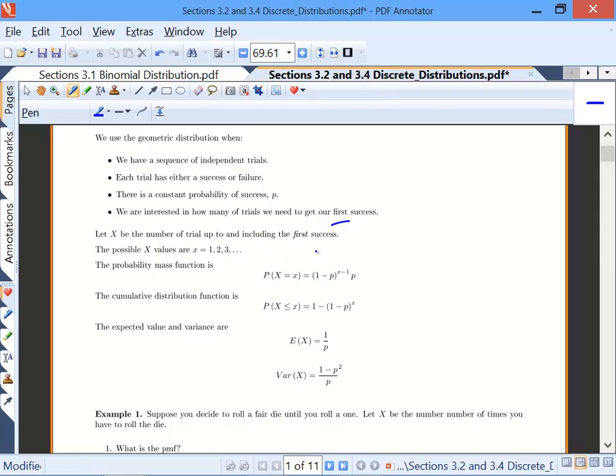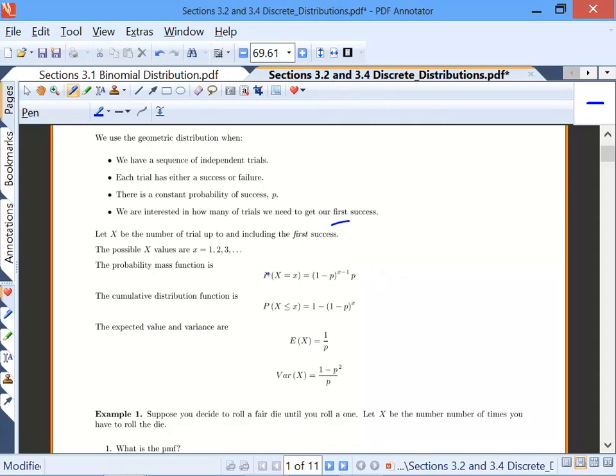The probability mass function is defined as (1 minus p) to the power of x minus 1, times p. So what this means is if I'm only going up till I get my first success, then I need 1 success, and I actually need to fail x minus 1 times, because it was all the failures up to my first success. So 1 minus p is the probability of failing, and you need x minus 1 failures, and then you need just 1 success.